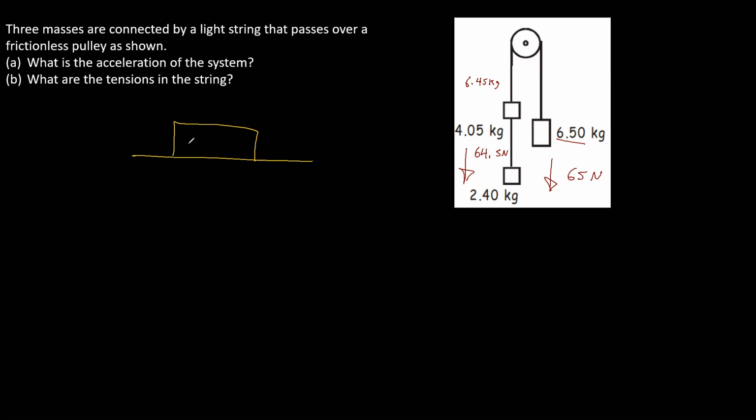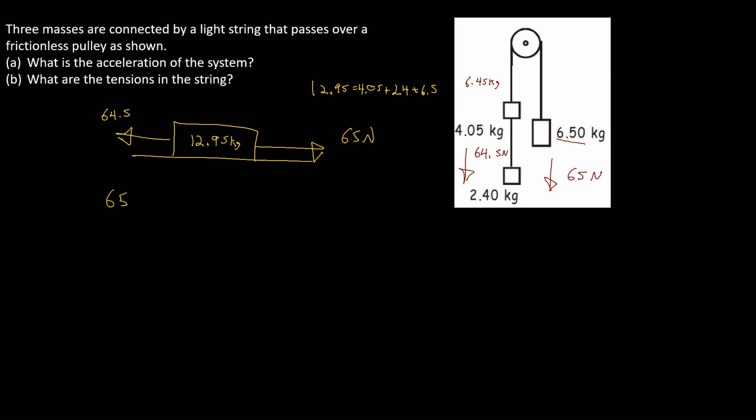So this is a total mass of 12.95 kilograms, because that's just the total mass added up. So 4.05 plus 2.4 plus 6.5. And I've got 65 newtons pulling on one side, and I've got 64.5 newtons pulling on the other side.